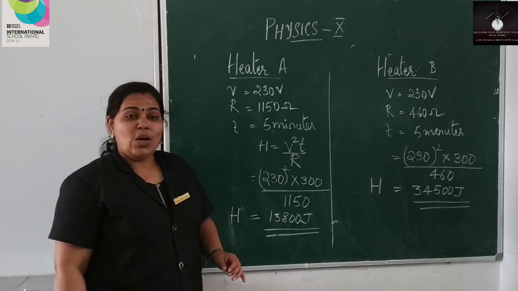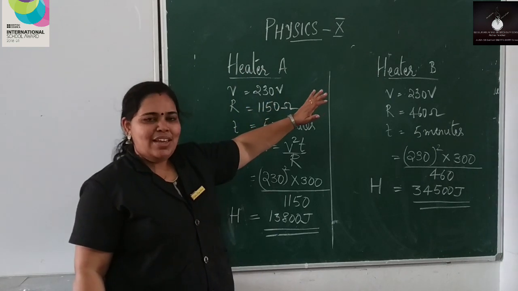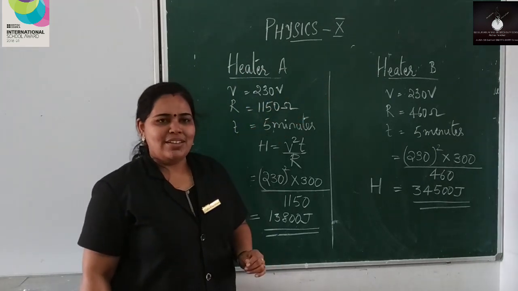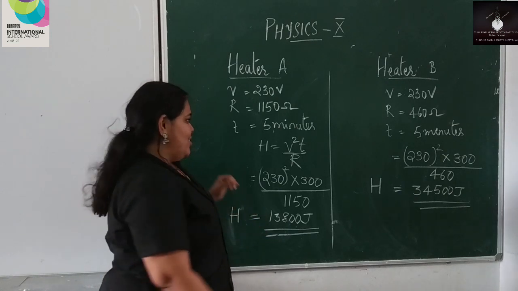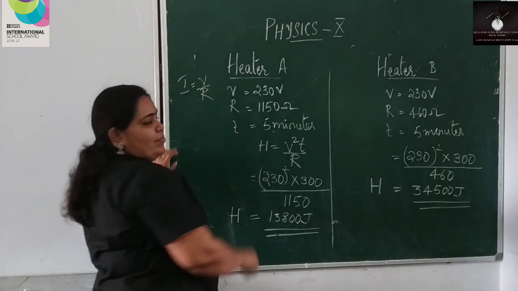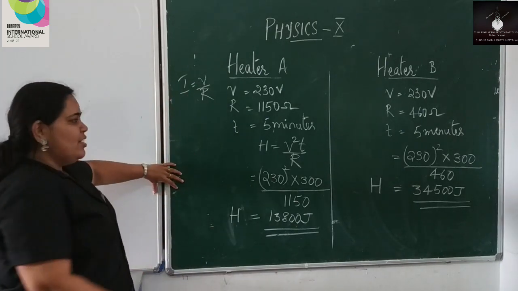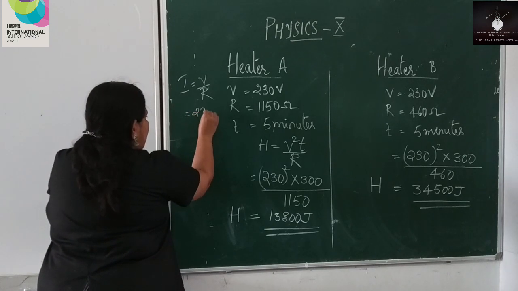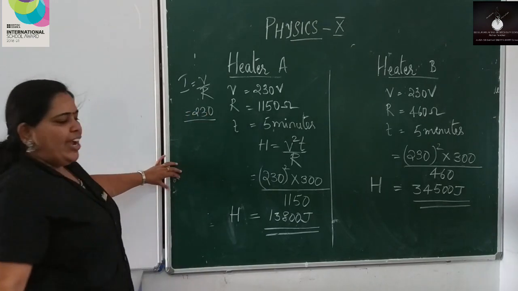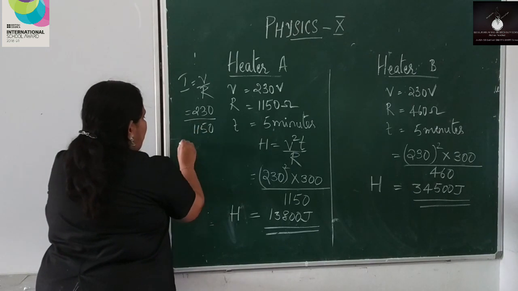Now we can find out the current flowing through heater A and B. Okay, what is the formula for current? Yes, I is equal to V by R. Tell me what is V here? 230. 230 divided by resistance 1150.